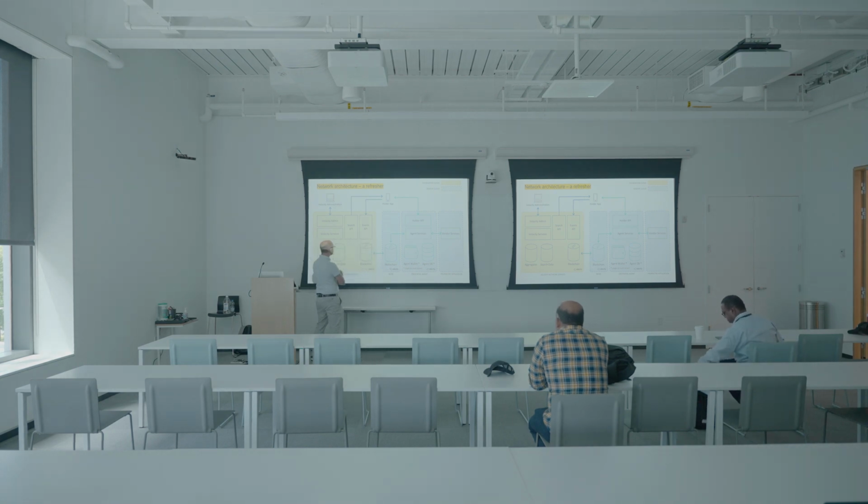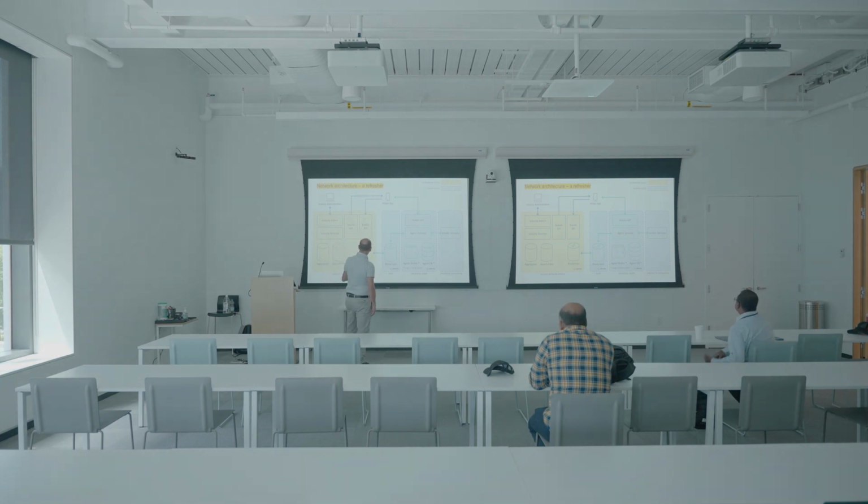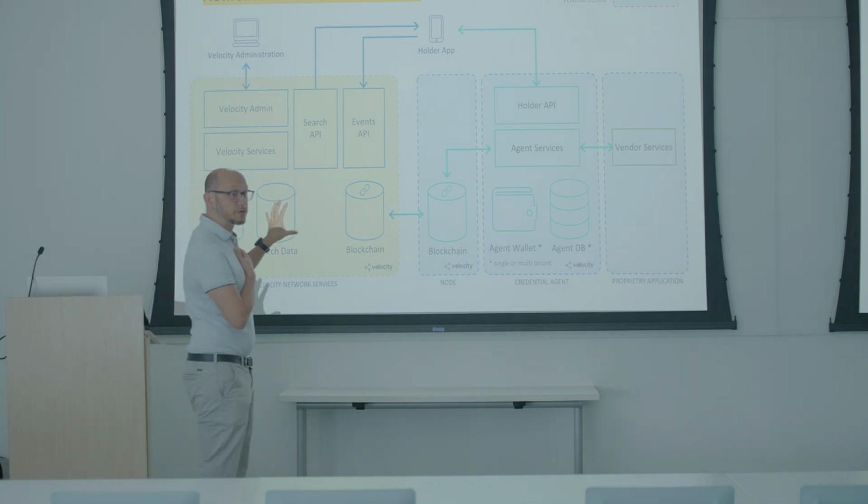So first, a refresher. This is the basic architecture of the systems that are in play in the network. We have a whole bunch of services that the Velocity network provides, primarily around the registration of organizations and the ability to search over those that are registered on the network.